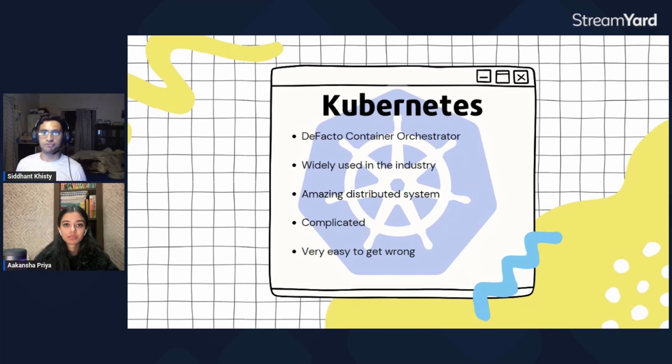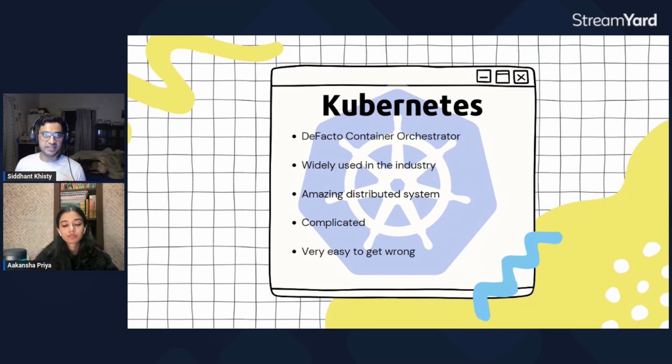Kubernetes is also used widely in our industry. Whether you look at a big company such as Google or Microsoft or Apple or Netflix, they are all using Kubernetes at some level. It's also a really great distributed system. That means you can use it across multiple computers, and these computers can be spread across the entire globe and it will still work.